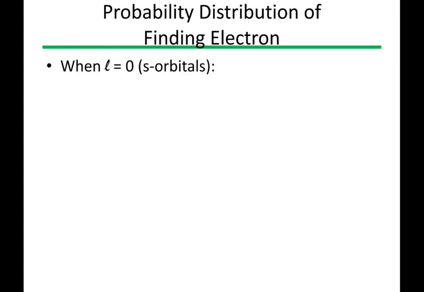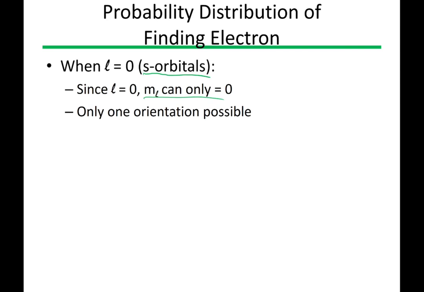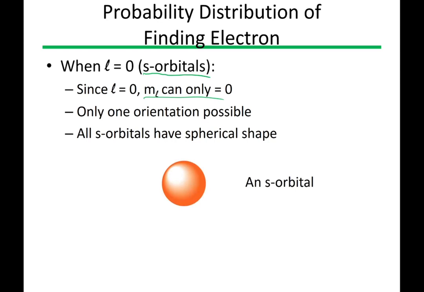Let's look at some examples. If L equals 0, remember this is the second or angular momentum quantum number, L equals 0 corresponds to s orbitals. And since L equals 0, m sub L can also only equal 0. So there's only going to be one orientation of s orbitals, and they're all going to have a spherical shape. If we square the wave function, we get a probability distribution that's spherical from the center.